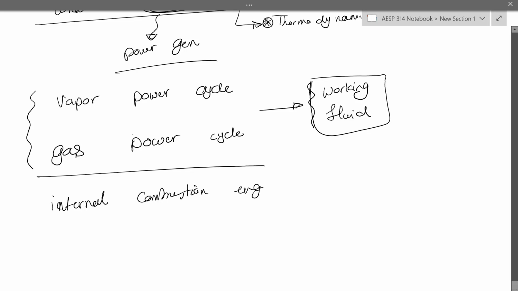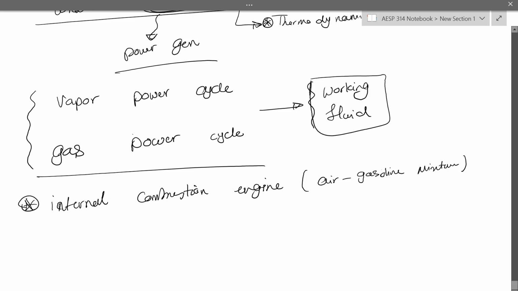What else? And what is the working fluid in an internal combustion engine? It's air, an air-gasoline mixture, right? The air part of it is very important.